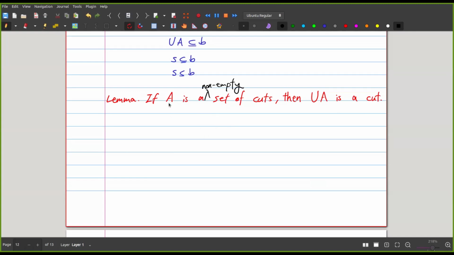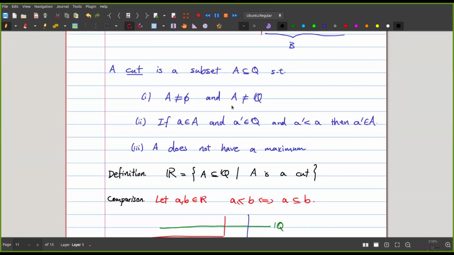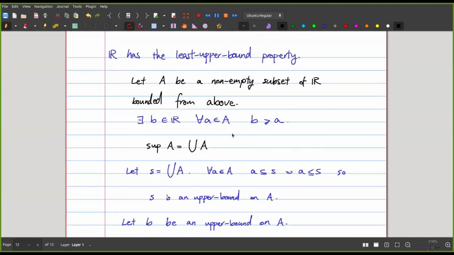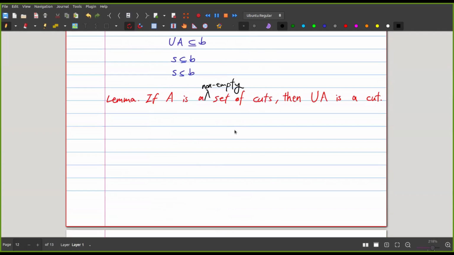Because, for example, I can let A be just the set of all real numbers. And then the union of A would be the set of all rational numbers. And by definition, we said that a cut cannot be the set of all rational numbers. So this is the part where I actually need this assumption that it is bounded from above.